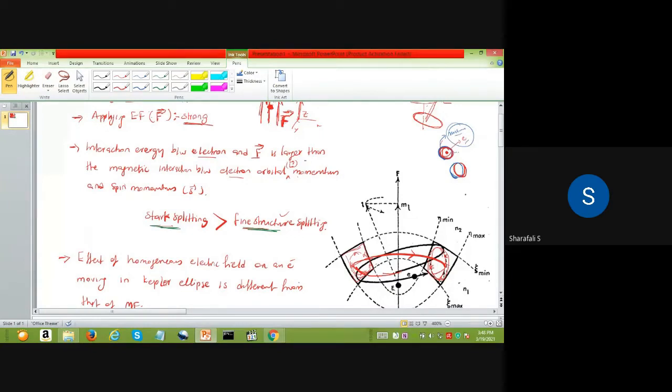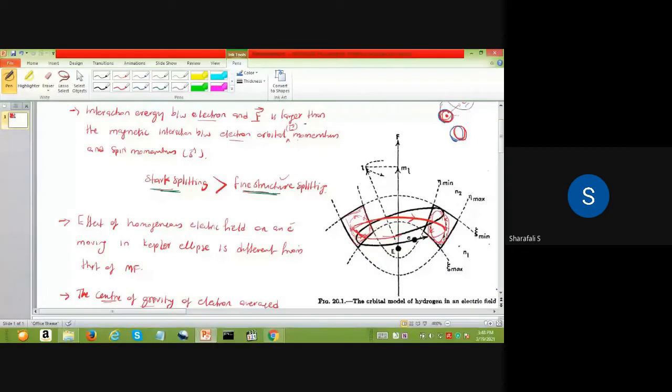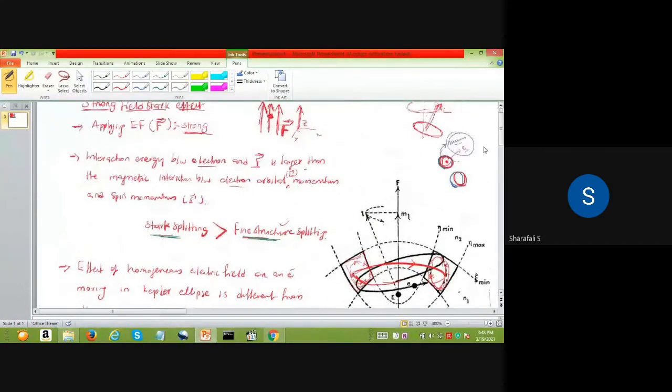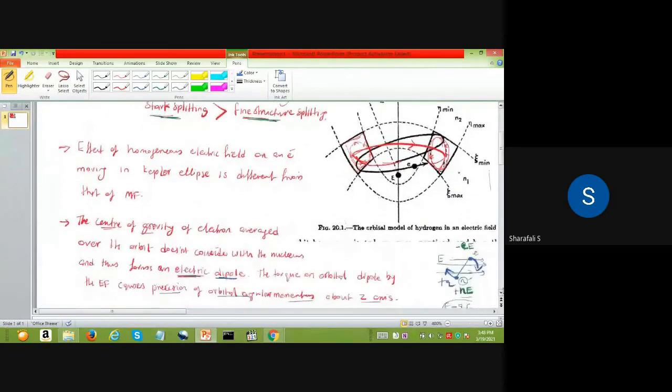That dipole in the electric field experiences torque, which results in the precession of the orbital angular momentum about the z-axis in the field direction. That is the basic principle of the strong field Stark effect.